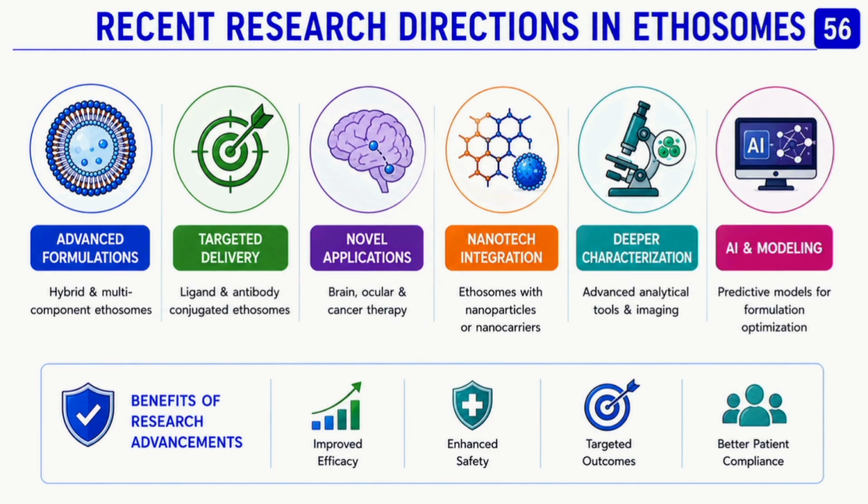Next, recent research direction. Current research is moving towards more sophisticated ethosomal systems. Researchers are investigating hybrid vesicles, transethosomes, stimuli responsive systems, targeted delivery, combination therapy, and incorporation into advanced topical dosage forms.